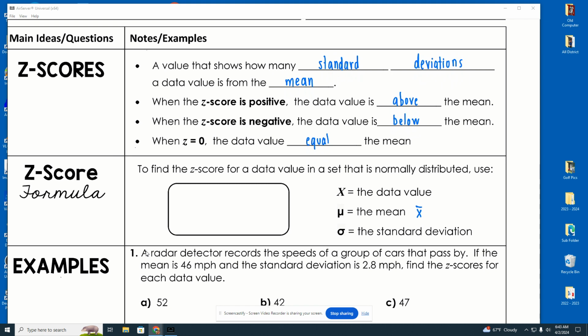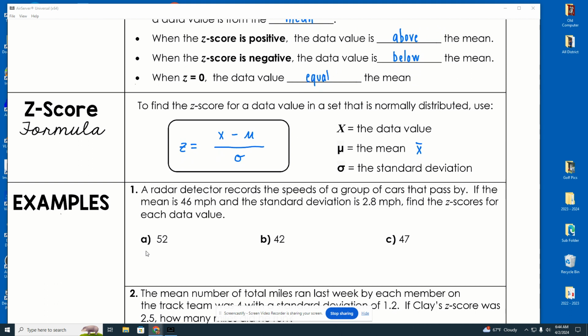And then, of course, the standard deviation, we know where to find that when we calculate it as well. So here it is. Your Z-score simply equals X minus mu, or X bar, over your standard deviation. That's it. It's an extremely simple calculation.